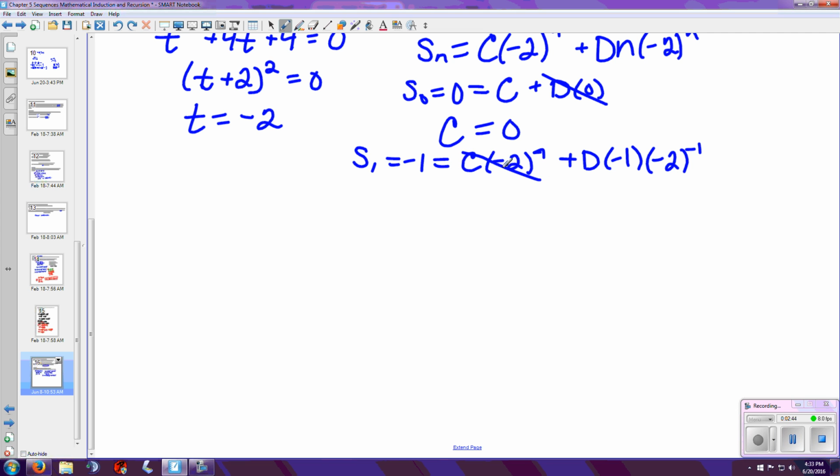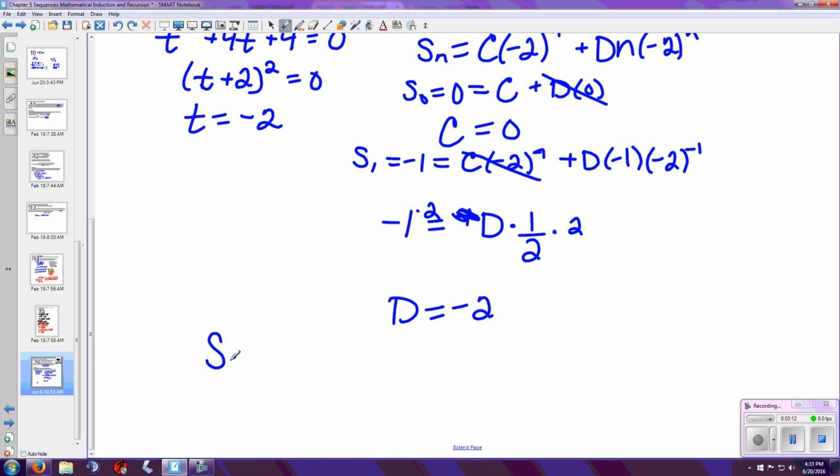If c is 0, 0 times anything is 0. So negative 1 equals negative d times negative 2 to the negative 1, which is negative, so this is 2 negatives, which makes this positive 1/2. So negative 1 equals d times 1/2, multiply by 2, multiply by 2, so we know that d is equal to negative 2.